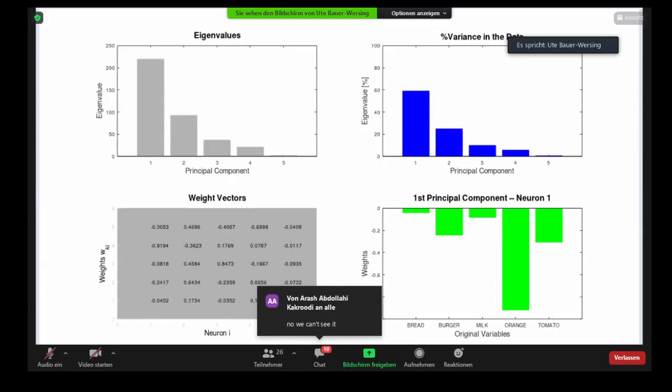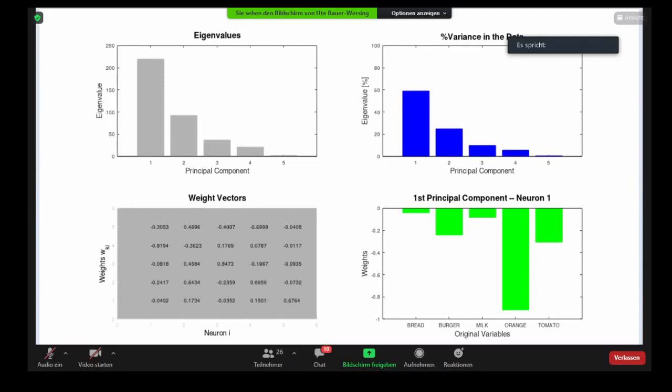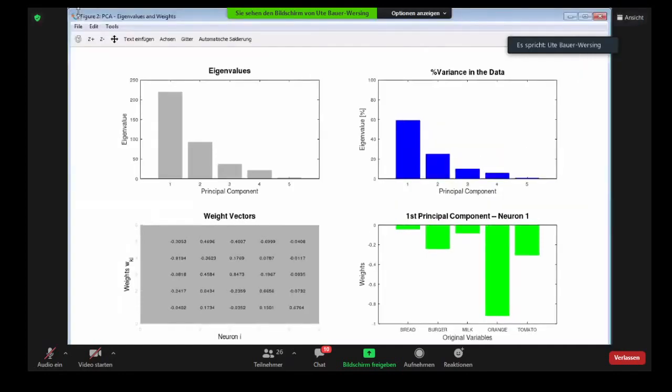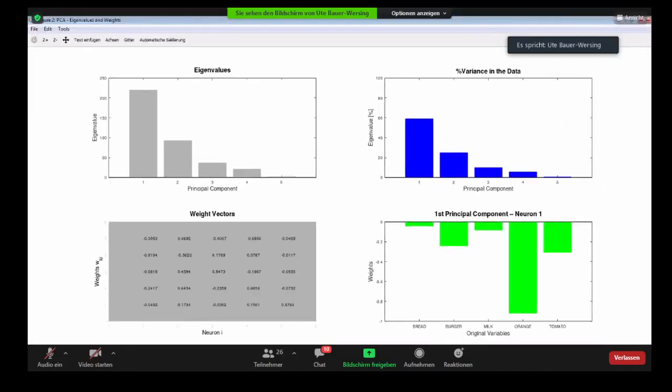Okay, that's the figure. Those are the results. What do we see?